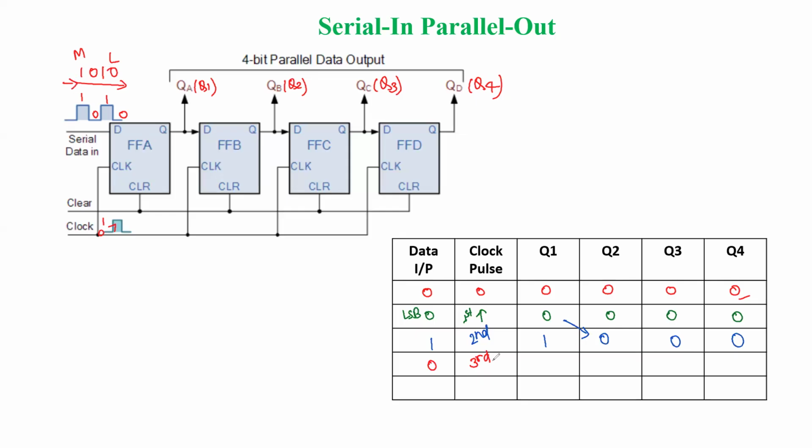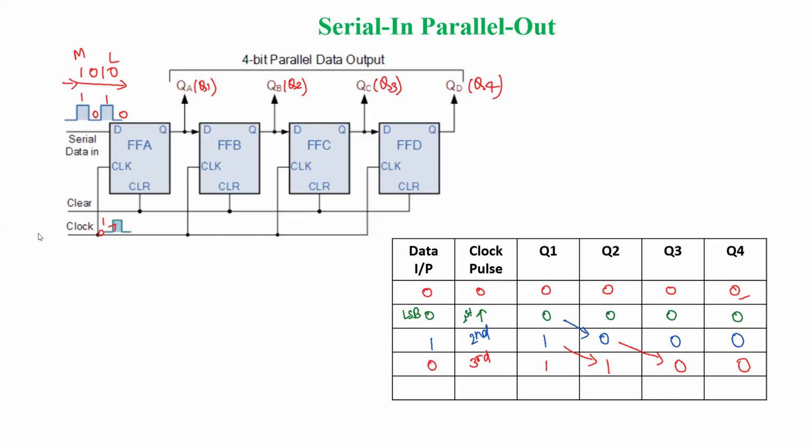So now this 0 will be available at the output of Q1, and the previous output of Q1 is shifted to Q2, and the actual first data input is shifted now to Q3. And finally Q4 is still 0, that is not our required data. So far we have fed 3 bits of input.